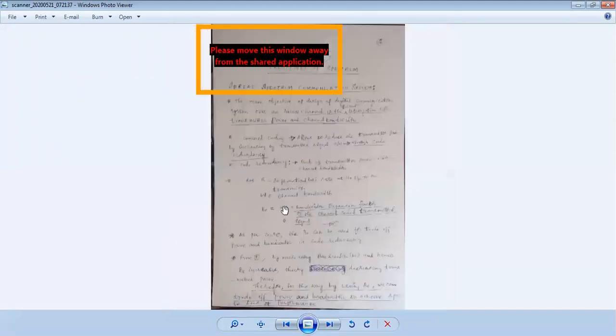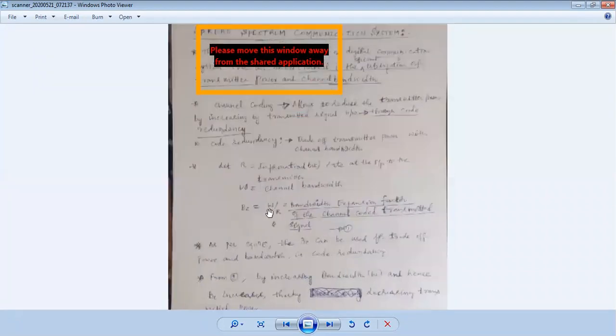If you look at this equation, if the width is increasing, the bandwidth expansion factor also increases. That means the bandwidth of the channel is increasing. If you decrease the transmitted power, the bandwidth expansion increases. In order to reduce the transmission power, we need to increase the bandwidth expansion. Please mind it.